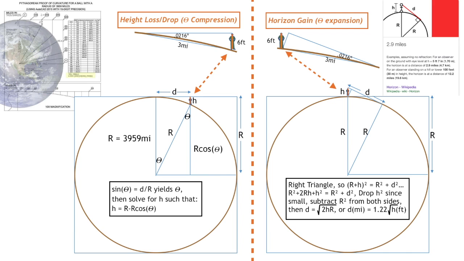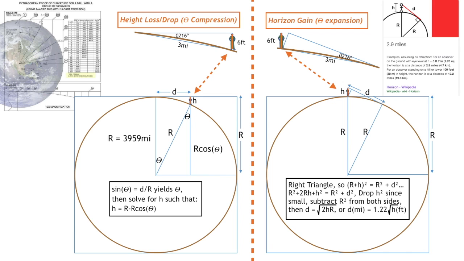The drop h squared is, since it's small, you can just subtract it from both sides, and then d becomes the square root of 2hr, or distance in miles is equal to 1.22 times the square root of height in feet. So if you just plug in your height in feet above the surface of the circle, you will get the distance d across which you can see.